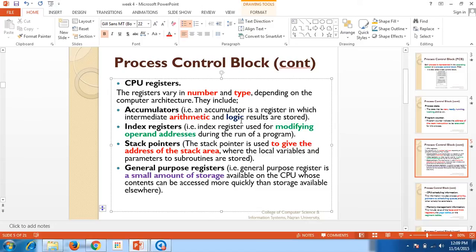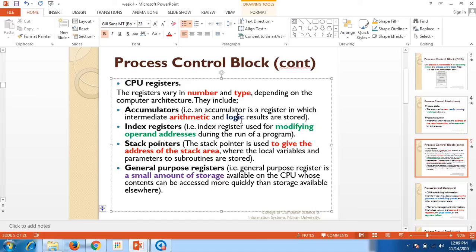If I give you one example, suppose I have 3 variables A, B, and C, and all 3 variables are of type integer, and I want to get the result of A plus B plus C. The first operation we will perform is A plus B. The result of A plus B will be stored somewhere, and then this result will be added to C, and then we will get the complete result of A, B, and C. So the intermediate arithmetic and logical results we need to store, and we need some register to store them.